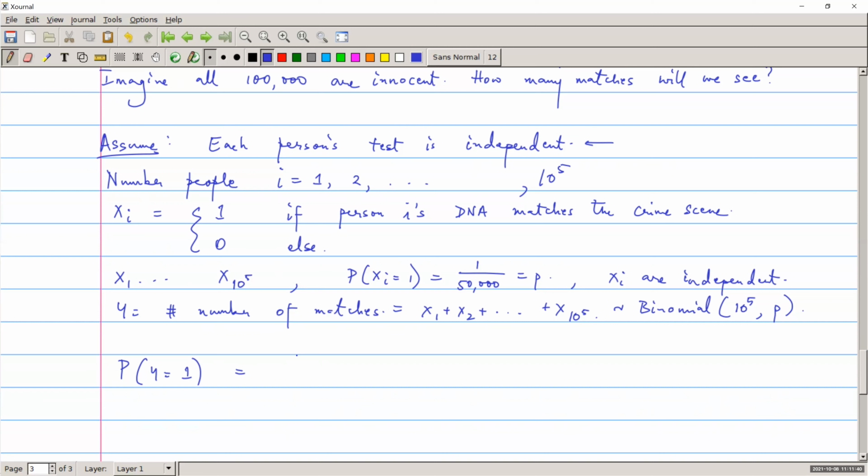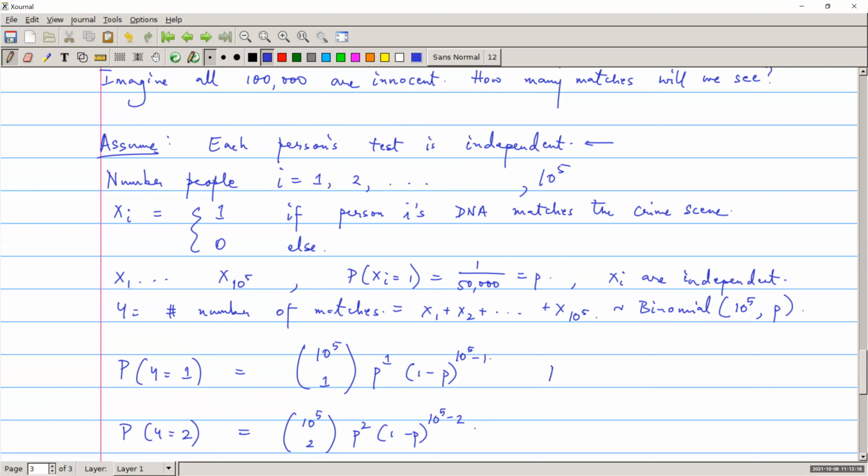Right, so the probability that k matches is exactly this. So this is 10 to the 5 choose 1, times p to the 1, 1 minus p to the 10 to the 5 minus 1. Right, we also know the probability y is exactly 2, and so on.